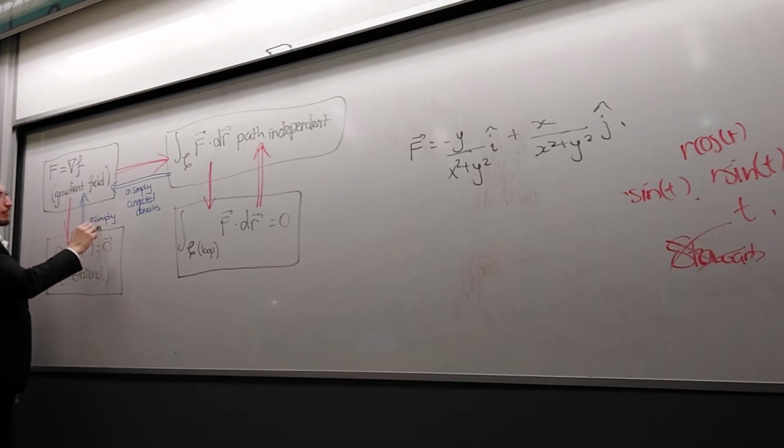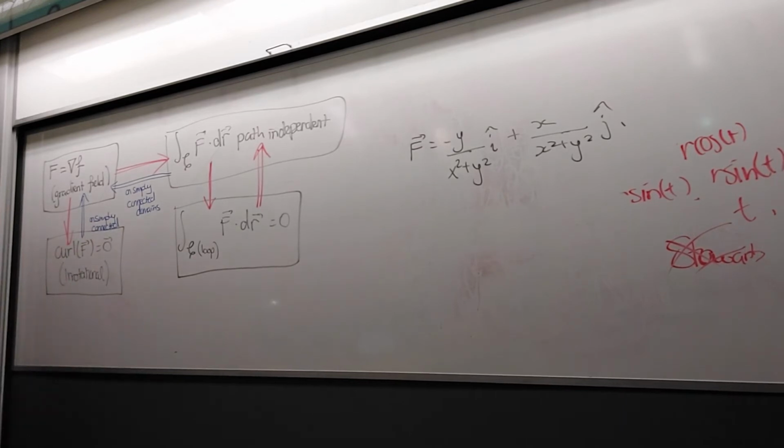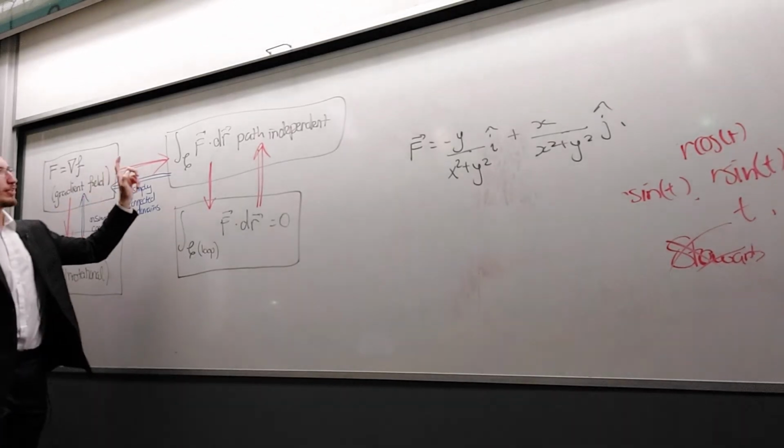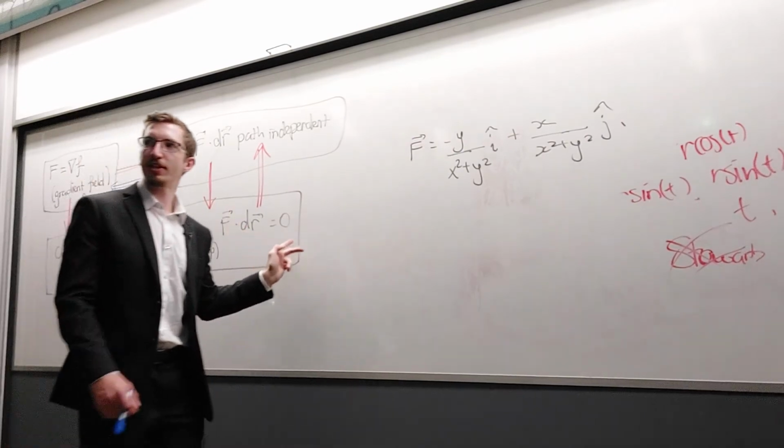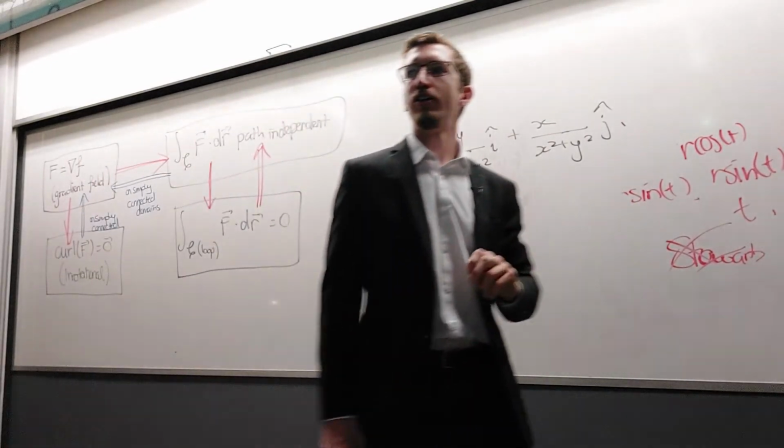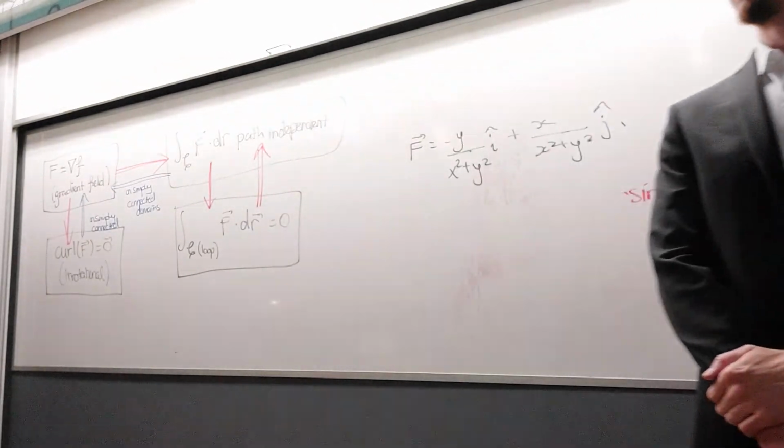Well, that means curl of 0 implies path independent. Good observation about transitivity of implications. So, if I'm on a simply connected domain, or a convex domain, and I'm irrotational, then I'm a gradient field, then I'm path independent, then any line integral over a closed curve will vanish.